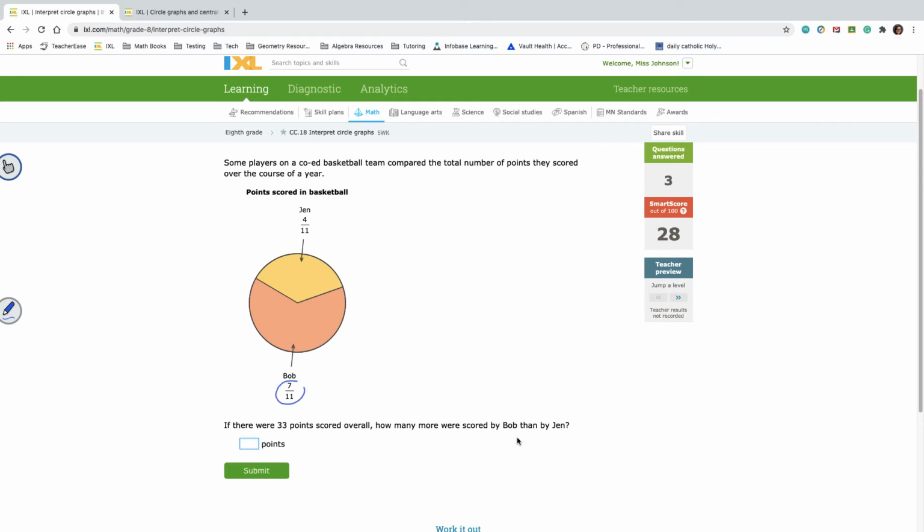So I'm going to take that 7/11, so 7 divided by 11, which is 0.63 repeating. I just typed it into my calculator, and I left it as the big, long decimal. And then I'm going to hit times 33. And I find out that Bob scored 21 points.